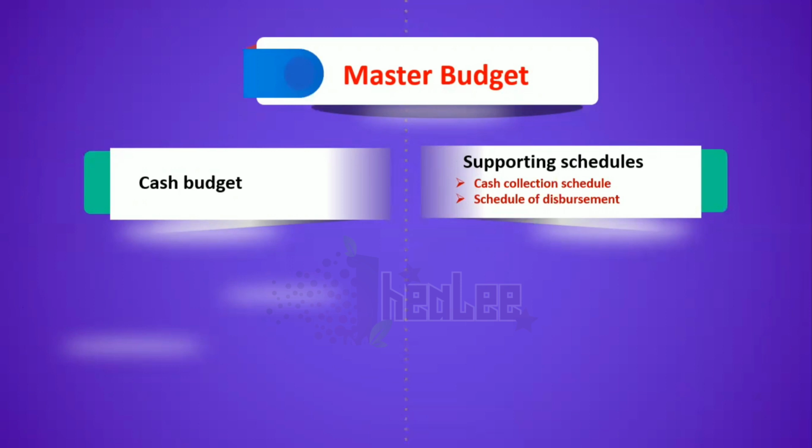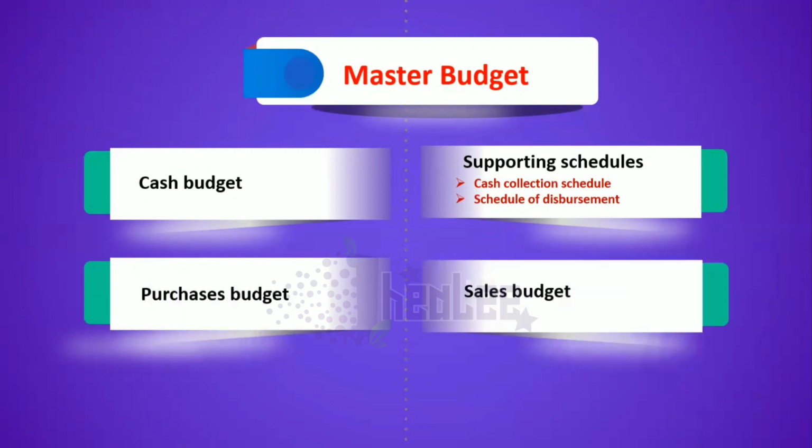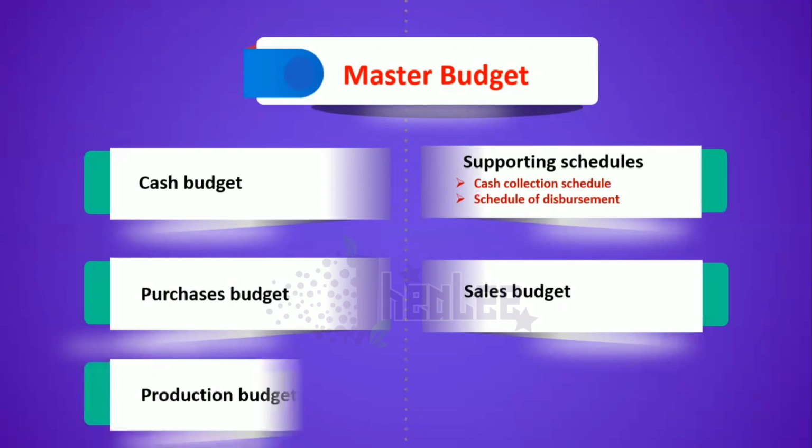Another key aspect of the master budget that you need to be able to prepare is the purchases budget. Also, sales budget, and we have production budget. And again, the links to these lessons are in the description below.